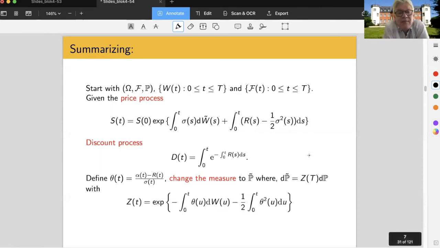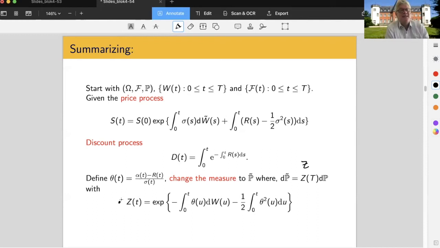And this change of measure to P tilde, for that we used dP tilde is Zt dP, or dP tilde is Z dP. Zt was sometimes abbreviated by just a Z. And in particular, Zt with little t as the argument was defined as the exponential function with as exponent minus the integral from 0 to t, theta u dWu, minus 1/2 the integral from 0 to t theta squared u du.